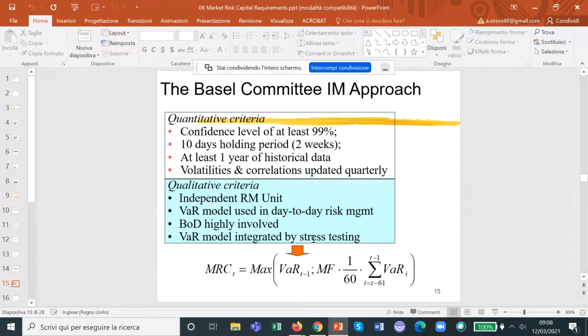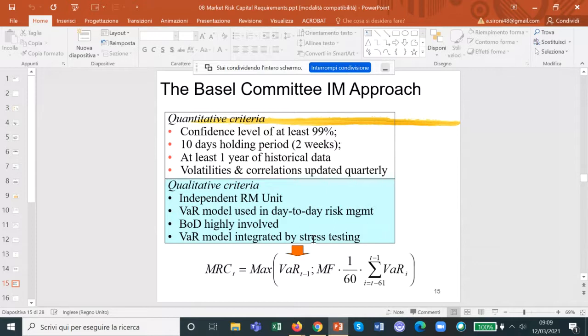Second, you have to estimate value at risk with a time horizon of at least 10 days, i.e. 2 weeks, 10 working days. So the holding period cannot be the daily one. It should be at least 2 weeks. Third, you have to go back at least 1 year of data to estimate volatilities, correlations, historical simulations. You need at least 1 year of data. And finally, volatilities and correlations need to be updated quarterly.